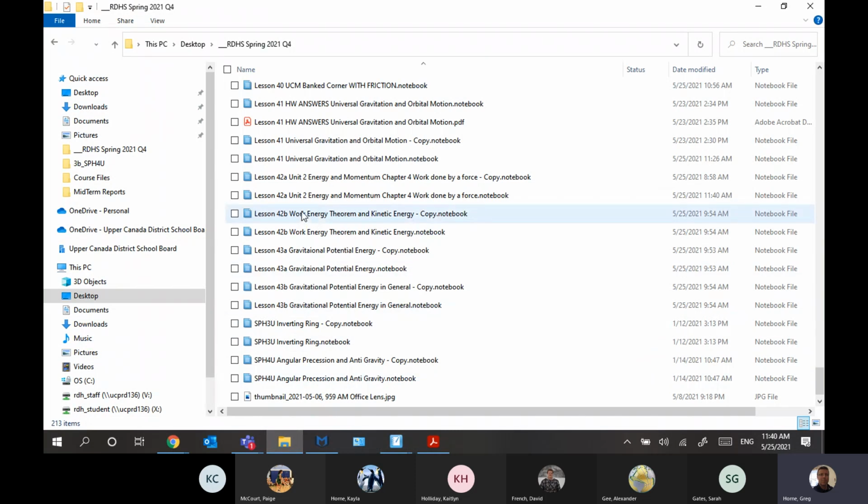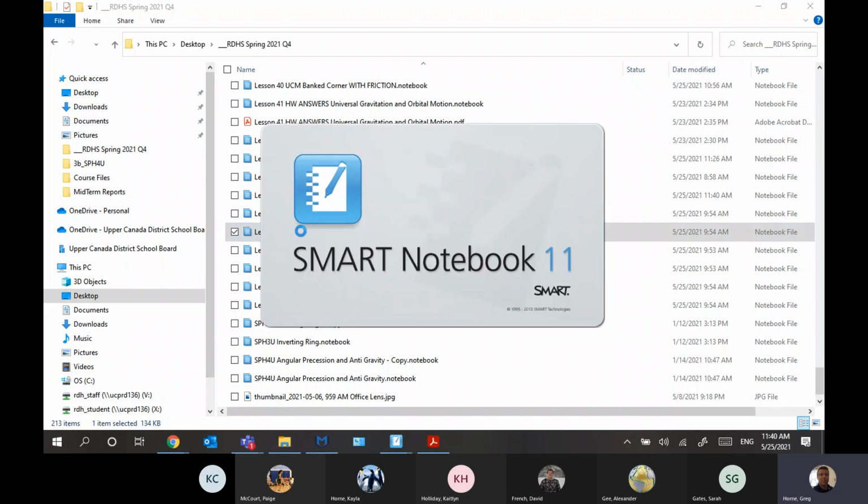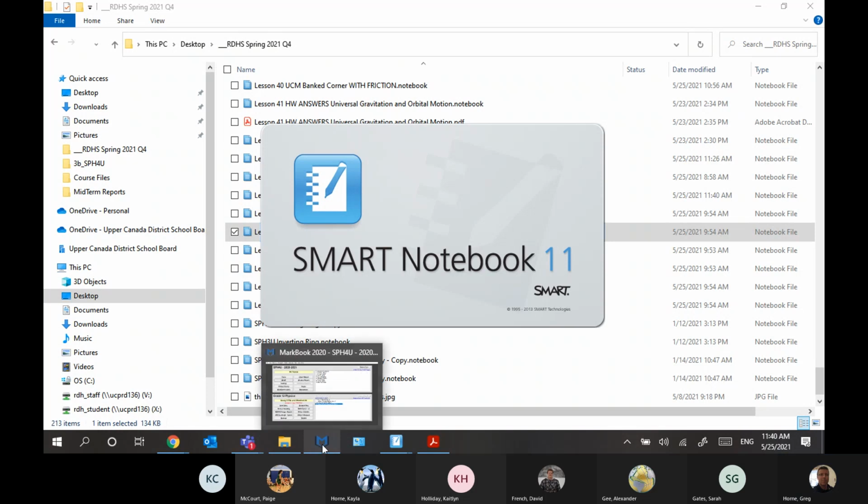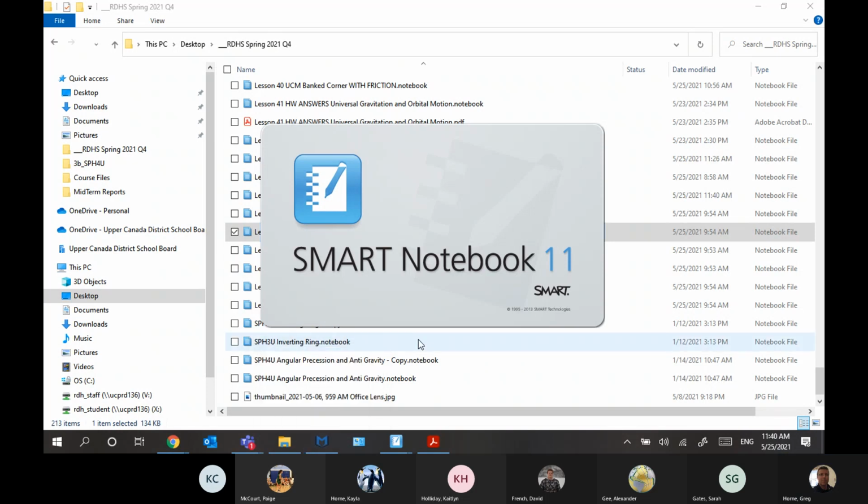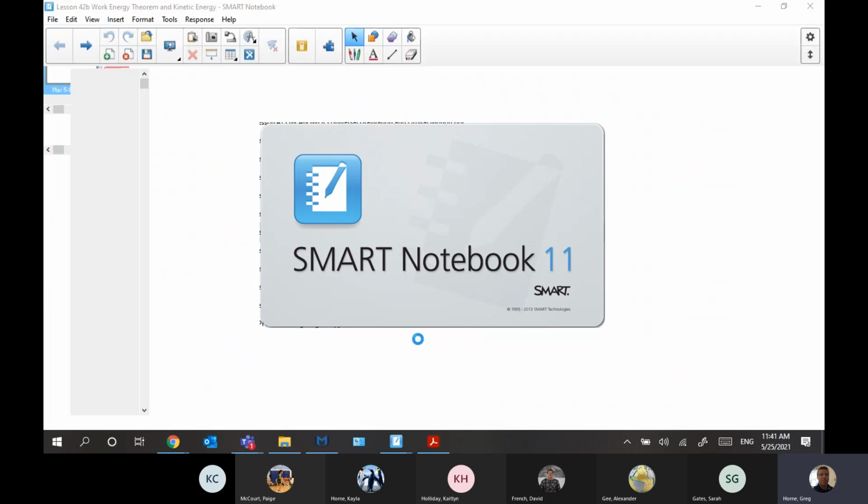All right. Let's do it again. Work energy theorem. This is the one that shows kinetic energy, which is, again, review from grade 11. I looked at the calendar, the number of days left and lessons left for the grade 12 curriculum, and we're super close.